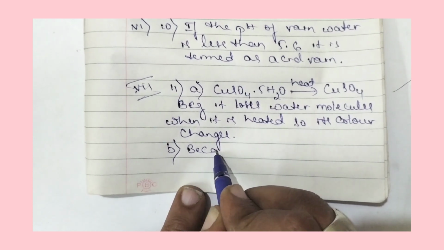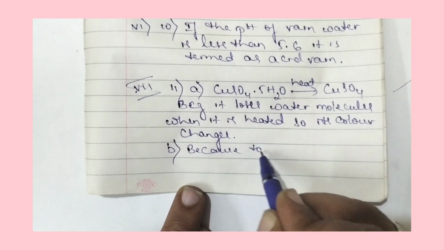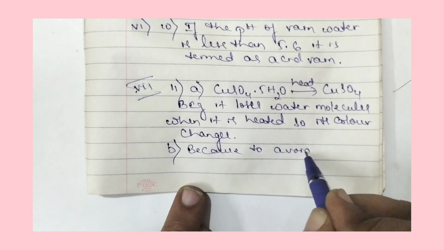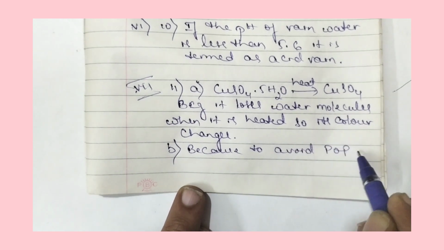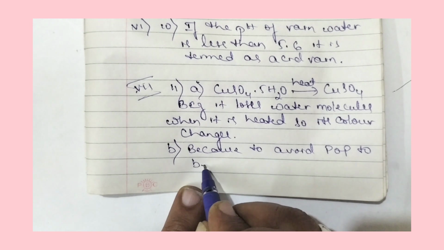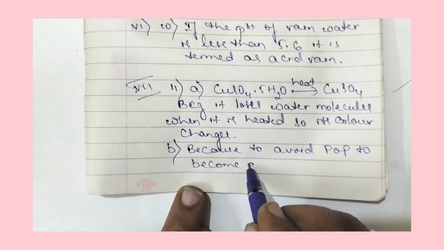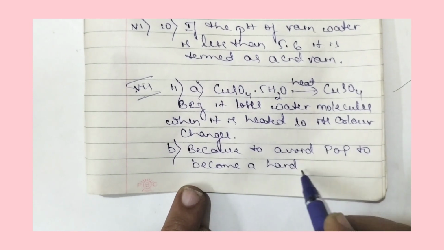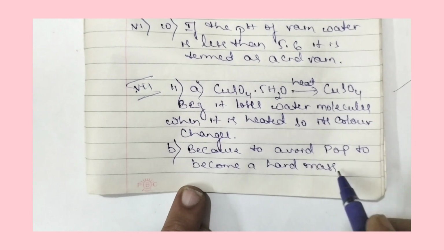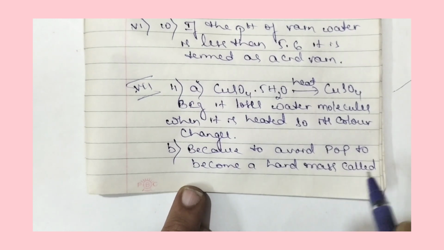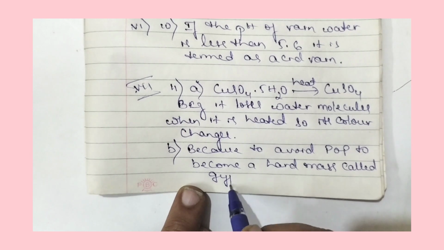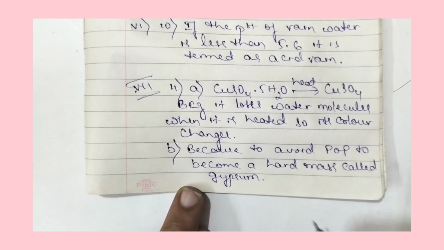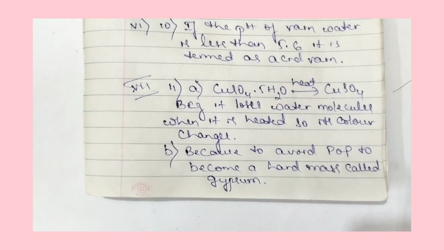Because to avoid POP becoming a hard mass called gypsum. To avoid POP becoming gypsum, it is kept in a moisture proof container. So this is the answer for 11th A and B.